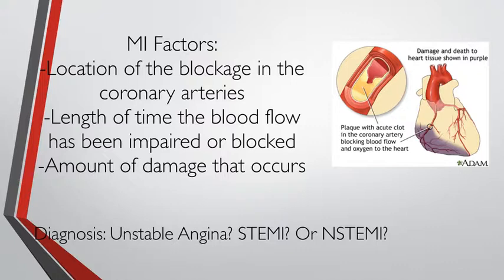Maybe you start having it at rest and it gets really bad with activity versus before you knew you would get it with activity. So an example of stable angina would be chest discomfort that occurs when someone is mowing their lawn, and then if they stop and take a break, it goes away.